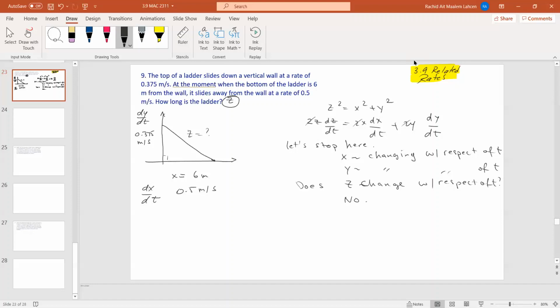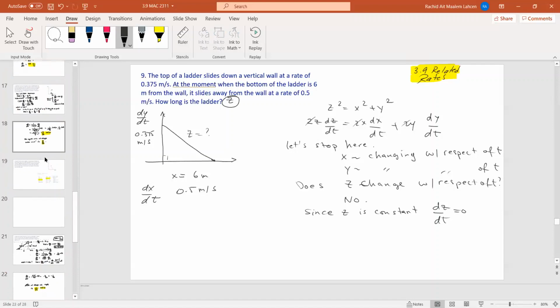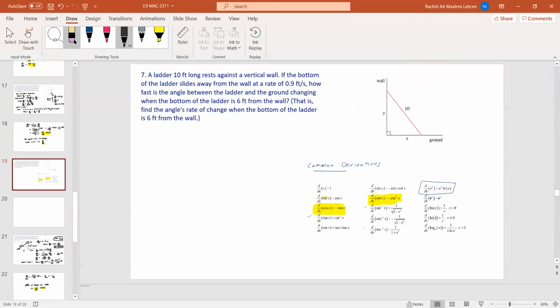Since z is constant, so now we've seen it. I didn't want to do it from the beginning, but to show, since z is constant, then dz/dt is 0. That's the first thing we did.